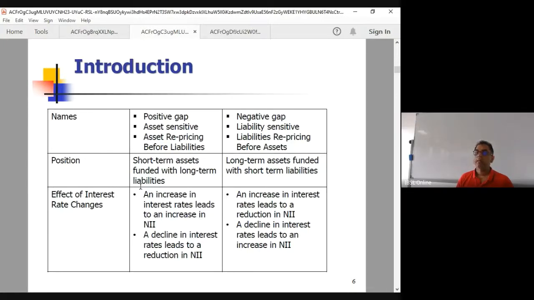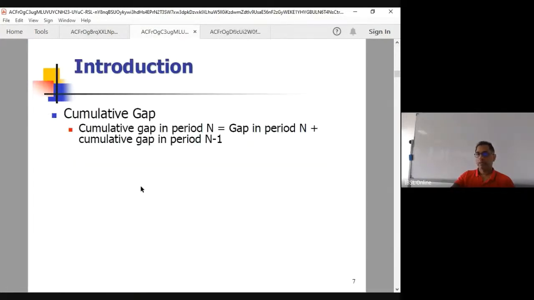Basically the importance of knowing that is so that you can forecast not only where you sit in terms of your differential in terms of funding, but also how you react to possible interest rate movements. So the cumulative gap is nothing more than when you look at your gap in a certain period, the accumulation, at a given point in time, of what your gap position is on a cumulative basis.